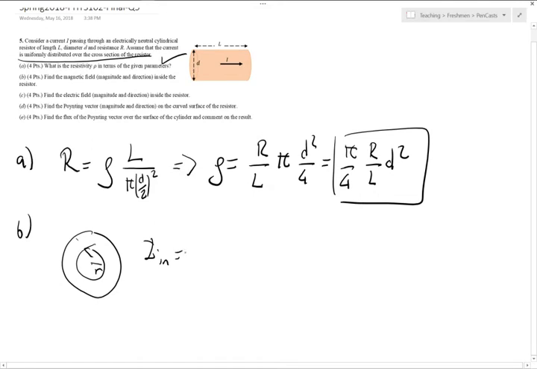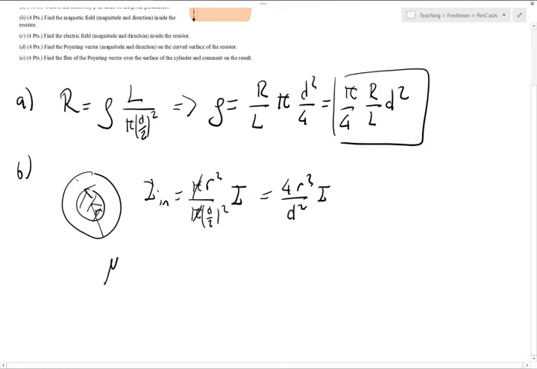It would be proportional to the area of that loop, but the total area is pi d over 2 squared times the current. So pi is cancelled. I have 4 r squared divided by d squared times I.